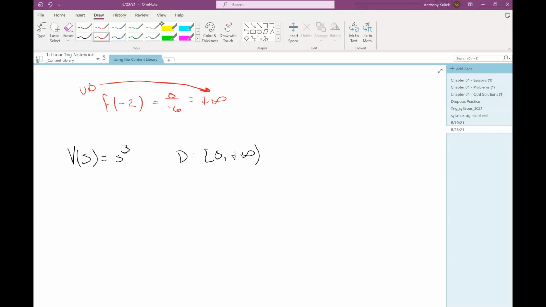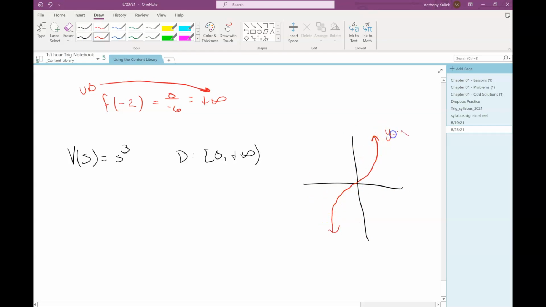If I take 1 and I cube it, okay, that stayed the same. But if I take 2 and I cube it, I get 8, that's bigger. 3 cubed is 27, that's bigger. We're just getting bigger, right? Everybody agree with that? Thinking about it anecdotally like that is okay. If you remembered back from your Algebra 2 class, the graph of y equals x cubed would look like this.